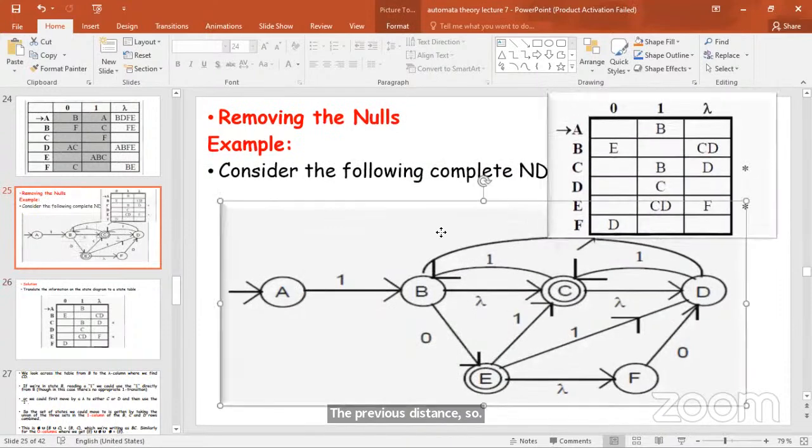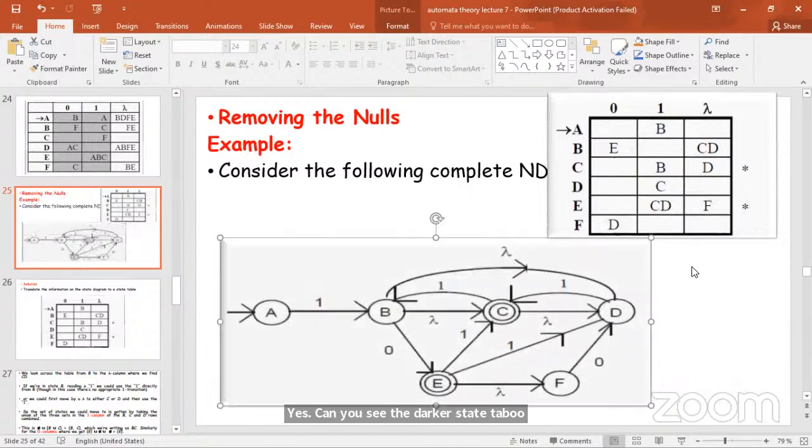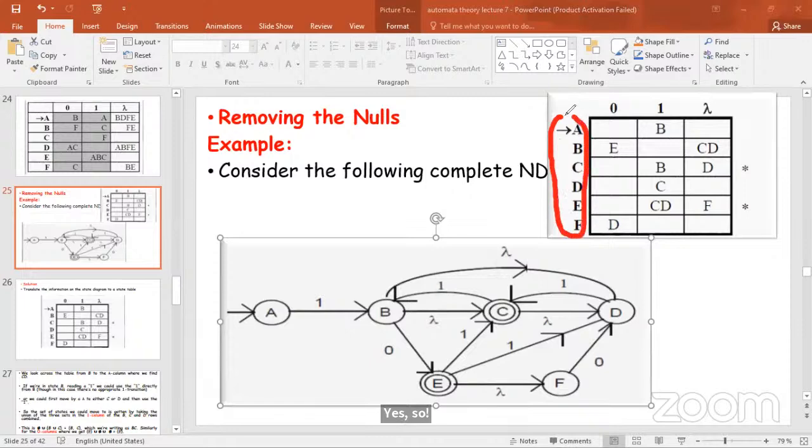Yes, can you see the state table and the state diagram? Yes, sir. So you now have the states. These are the states. Of course, you'll be able to do this by yourself. Writing out the states, you'll be able to identify the initial state, then the input symbols, which are what? 0, 1, and lambda. I hope you understand that.